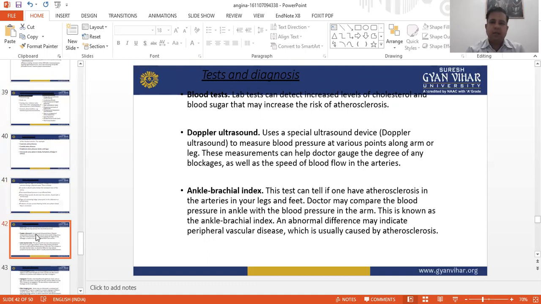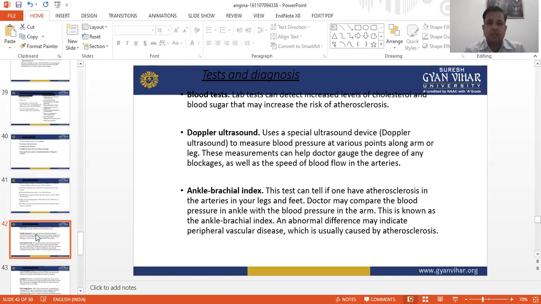Further, blood tests and lab tests can detect increased levels of cholesterol and blood sugar that may increase the risk of atherosclerosis. Doppler ultrasound.